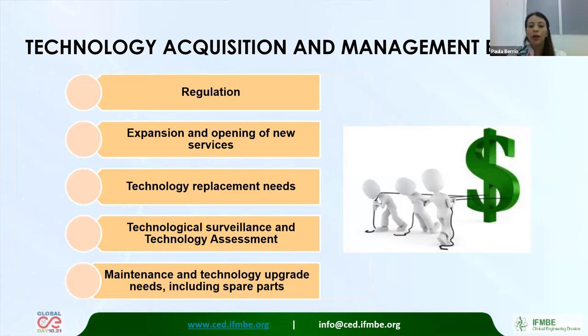So we are guaranteeing that these 5 inputs are present in the budget we construct every year, because regulation is changing, so there could be many costs involved to accomplish new regulations or changes, costs related to expansion and opening of new services, technology replacement needs, technology surveillance and technology assessment processes, and costs related to maintenance and technology upgrade needs, including spare parts.